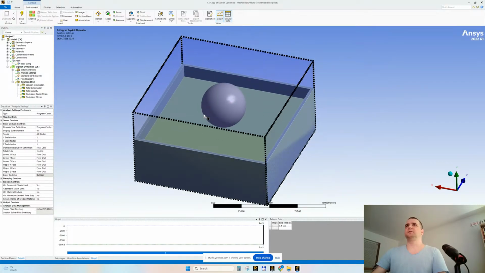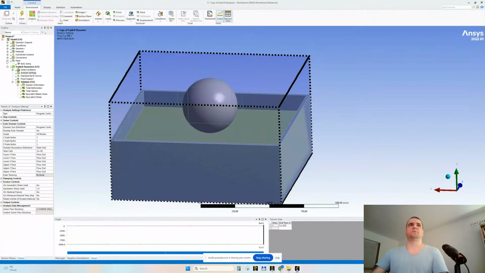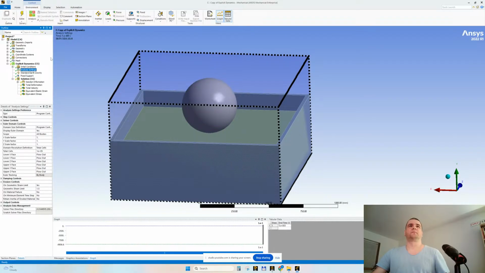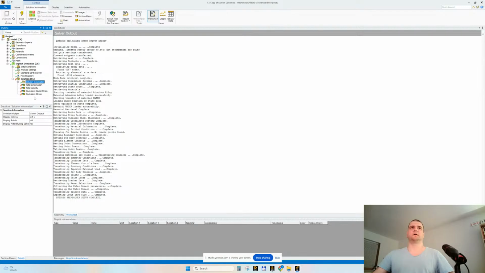So let's not keep you waiting so much. Save and solve. So now we exceeded the beginner level. Yes, now we are on the right path. We are using the Eulerian frame now. Does it say something? Yeah, no, perfect.